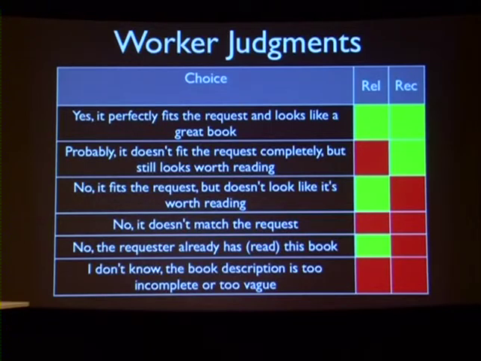Then there are cases when it's not relevant, but still recommendable. Probably it doesn't fit the request completely, but it's a very popular, very amazing book. It could also be that it fits the request, but doesn't look like it's worth reading, so that's relevant, but not recommendable. Well, not a request means it's not fitting. That's a special case, but the person has already read this book.